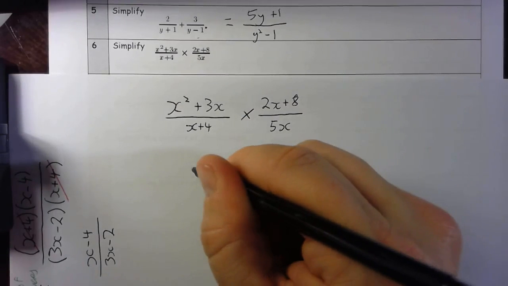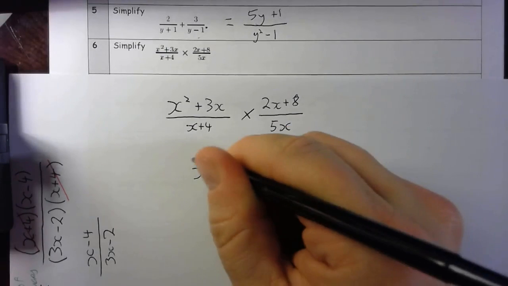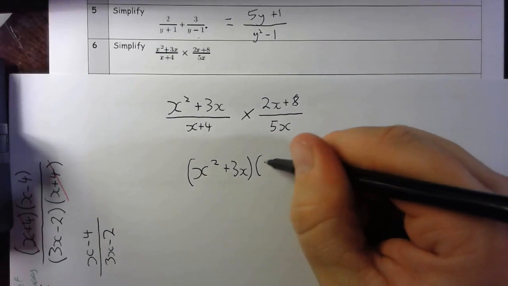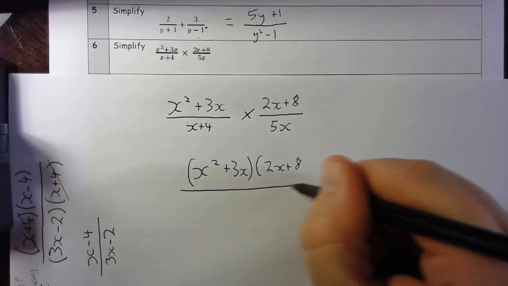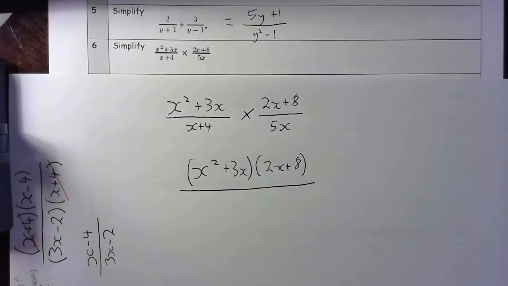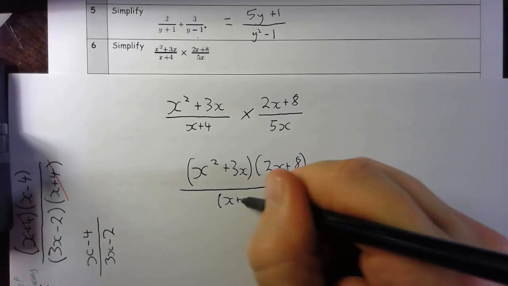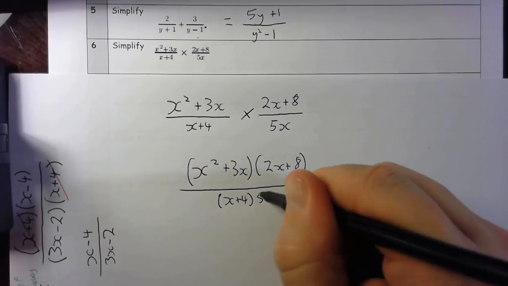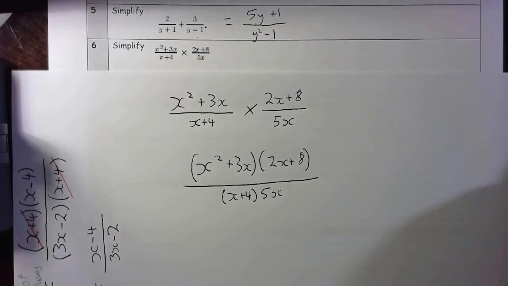So I get x squared plus 3x times by 2x plus 8, all over x plus 4 times by 5x. Now here's the really critical step.